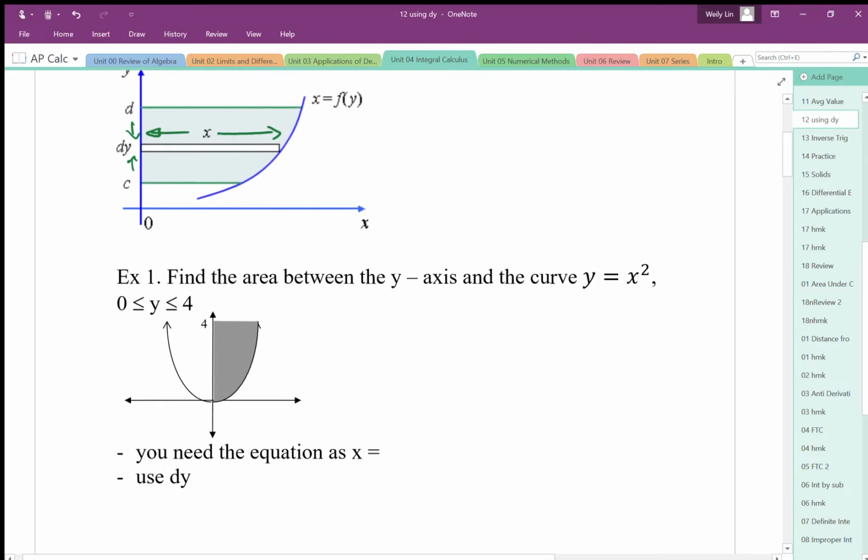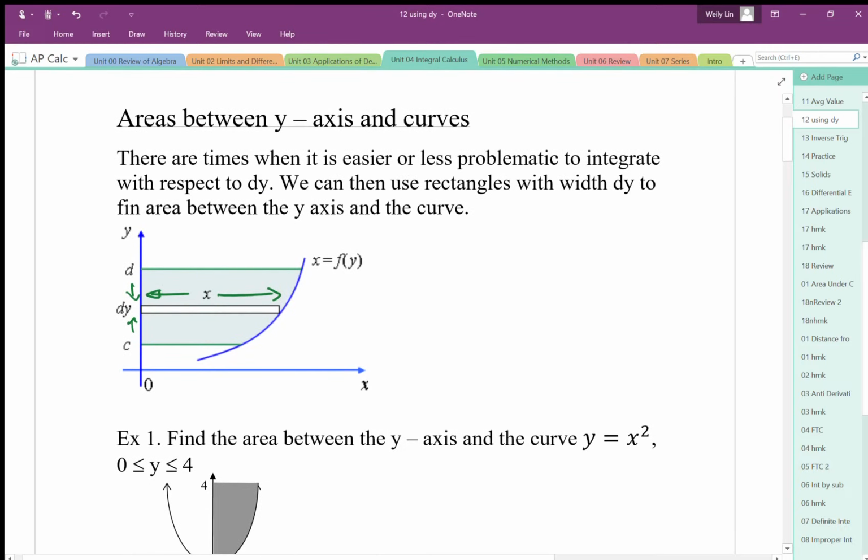Now maybe we should just talk briefly about why we would use something like this. We might use it because this function, when we solve for x, is sometimes easier to integrate. Sometimes it's to do with the orientation of the area as well. Sometimes we want to find this area in here.